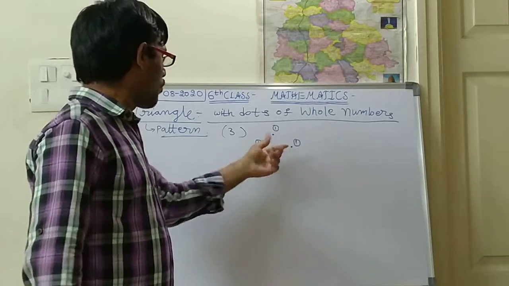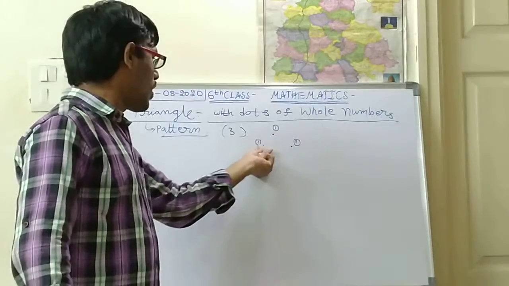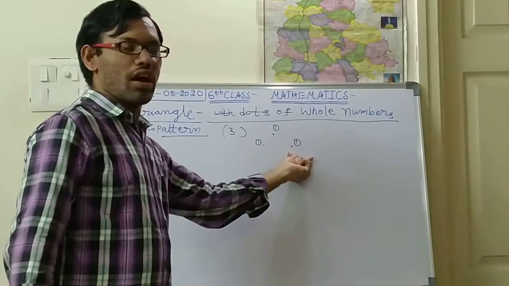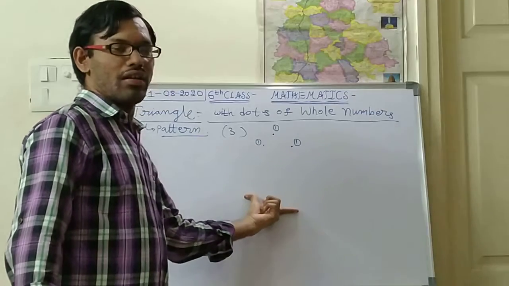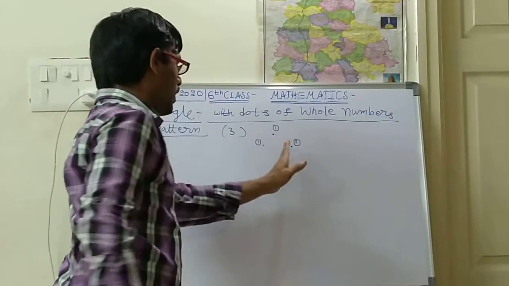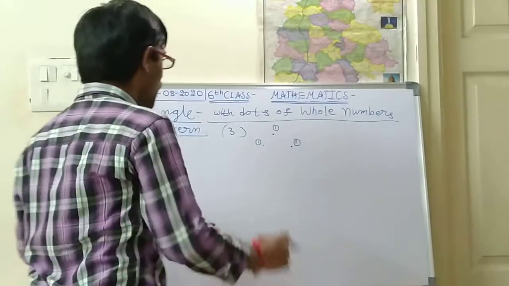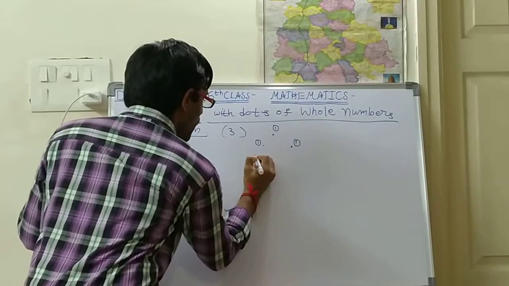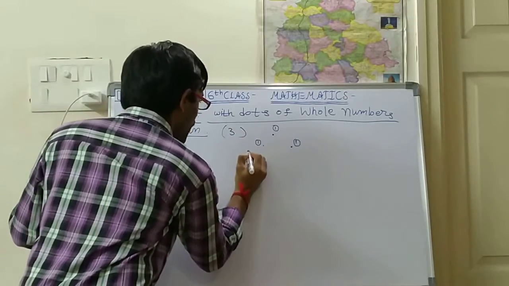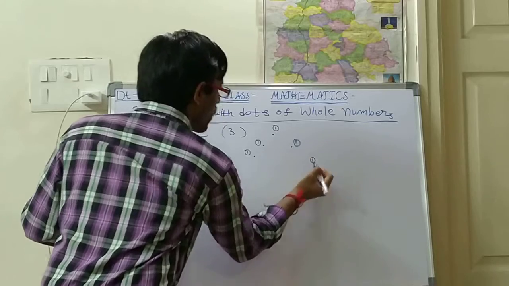So at the two ends you should keep the ones only. At the left end and right end you should keep only ones. Afterwards again here also you keep 1, and next here also you name it as 1.